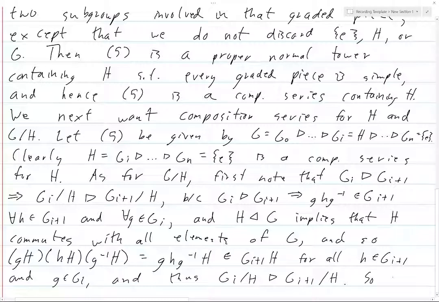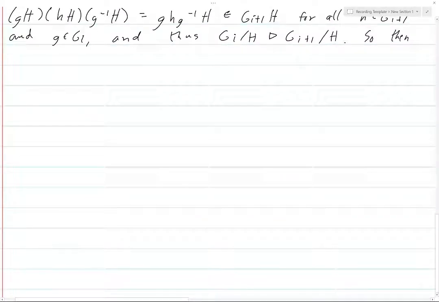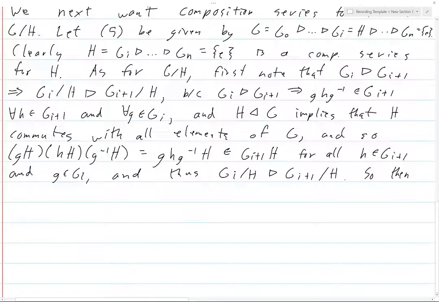So then, oh, that is farther than I wanted to go. So then G mod H equals G_0 mod H, which contains... I'm just going to use H here.